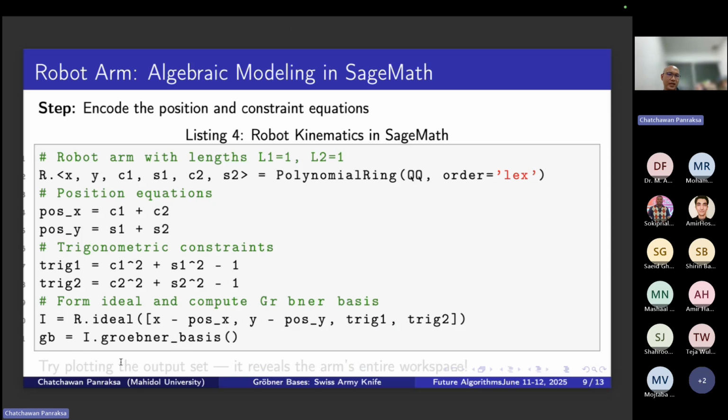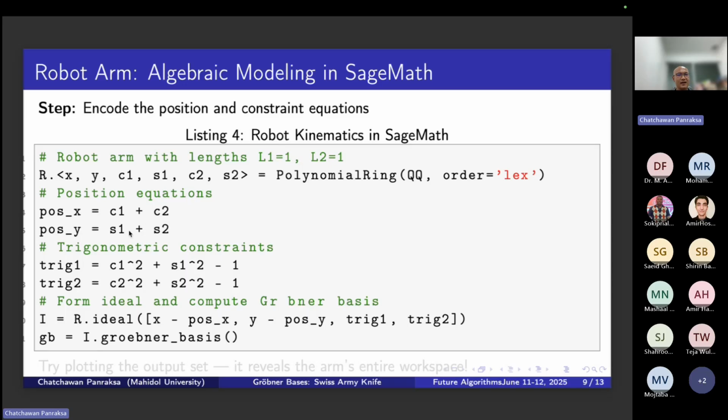We write the position x and y. Of course, we define the variables just similar to the one that we warmed up with in the trig identity. Let's call C1 and C2 the projections to the x-axis for robot arm number 1, the first joint part, and the second arm.